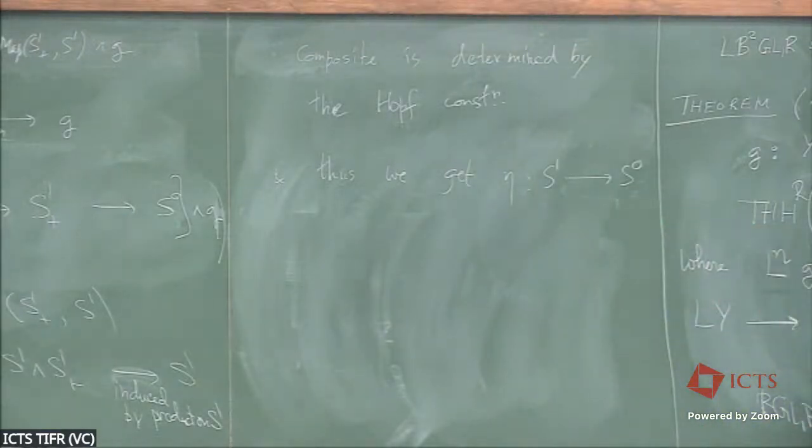Okay. So those are the basic steps which identify this map as eta smash identity.